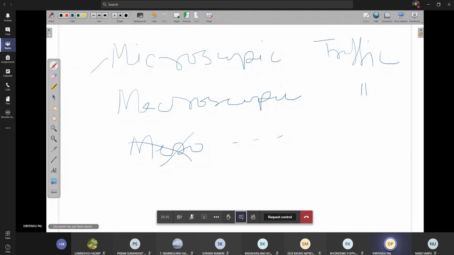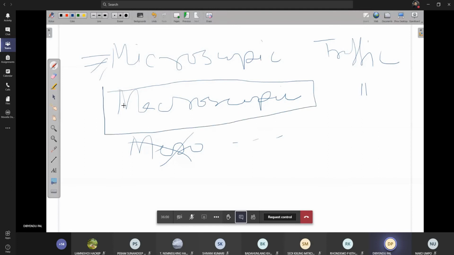So what is microscopic? Microscopic means when you observe the traffic stream behavior at a small, individual level, when you try to find out the characteristics of individual vehicles of the traffic stream, those are called microscopic characteristics. And what is macroscopic? When you take the full traffic stream together and find out the characteristics, that is called macroscopic traffic characteristics.